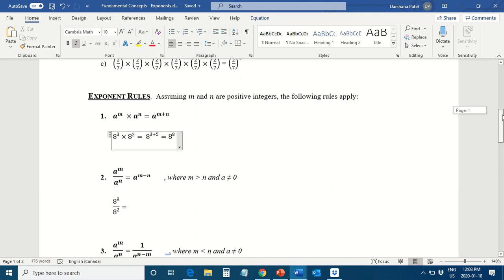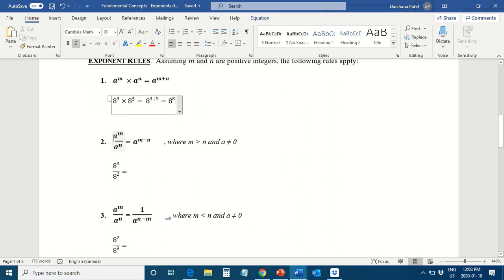Similarly, the second rule is of division. If we are dividing two numbers or two variables with the same base, then we subtract the exponents. A to the power of m divided by a to the power of n will be a to the power of m minus n, where we assume m is greater than n, meaning the exponent in the numerator is larger than in the denominator.